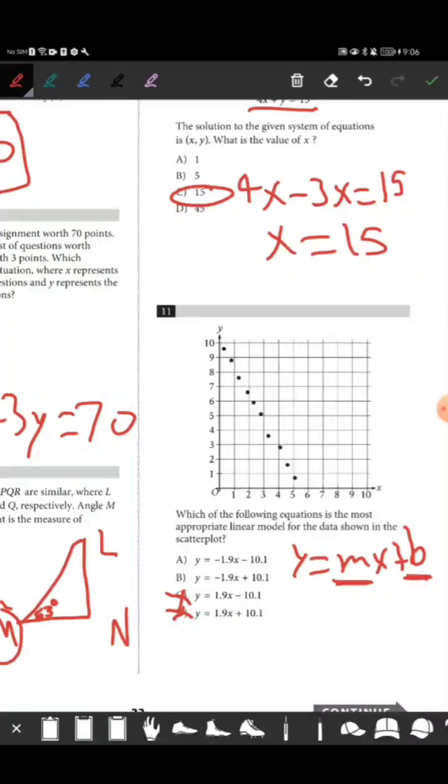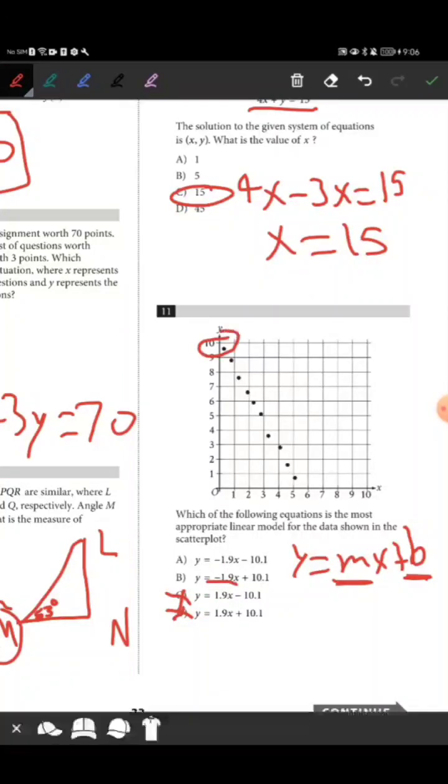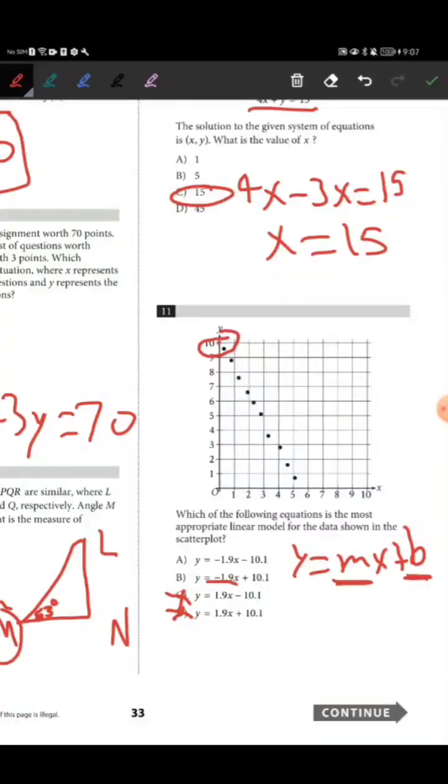Okay. So now we know that the slope is negative 1.9x. So is it negative 10.1 or positive 10.1? And as we see here, that's 9 point something, so the scatter plot is gonna start on 10 point something, so it's positive 10.1.